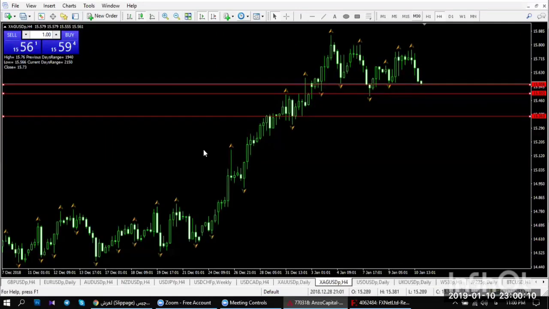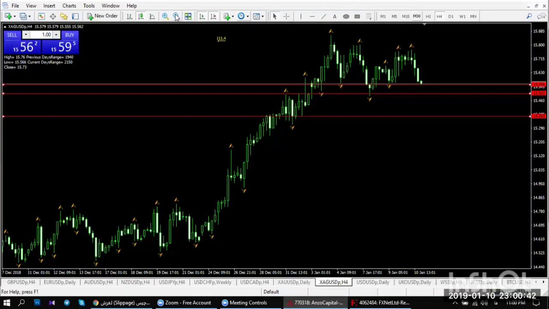Please draw the Fibonacci chart. The overall Fibonacci? Yes. What was the price?